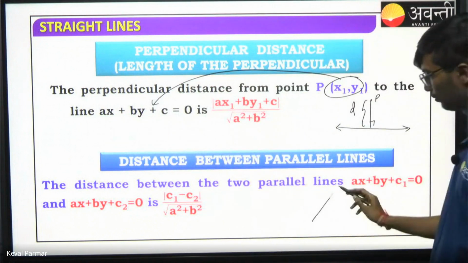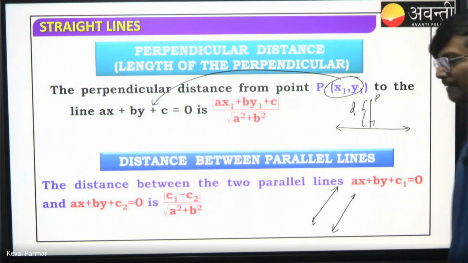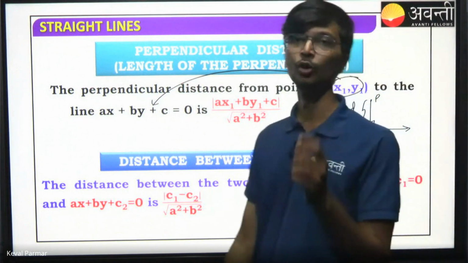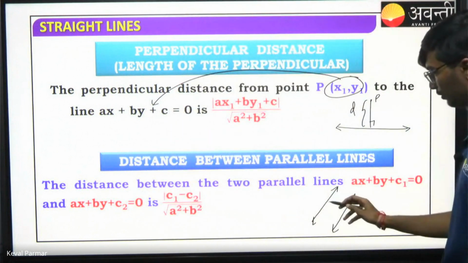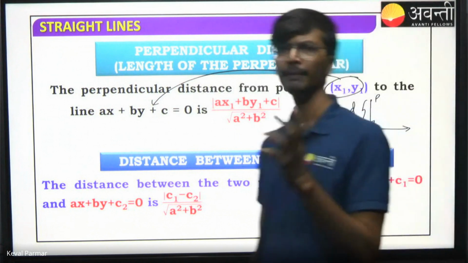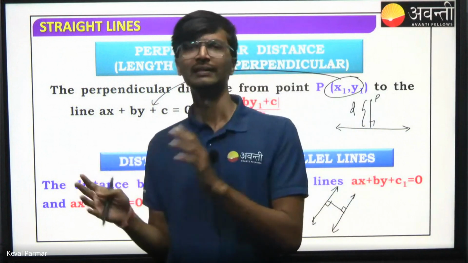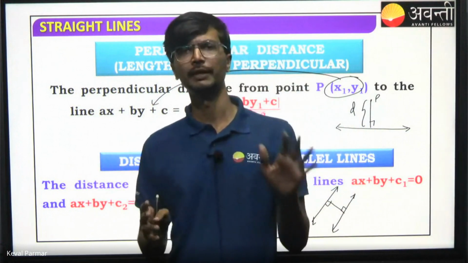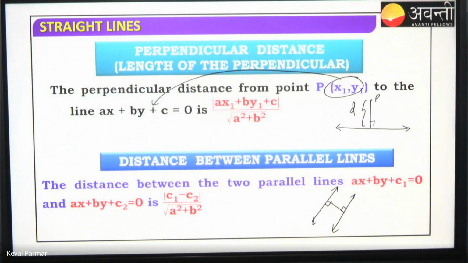Similarly, if there are two parallel lines, that means their slopes will be equal. If I want to find the distance between them, obviously here distance means the perpendicular distance, right? If in a sum only distance is given, then by default we mean perpendicular distance. No need to mention separately that they are talking about perpendicular distance.